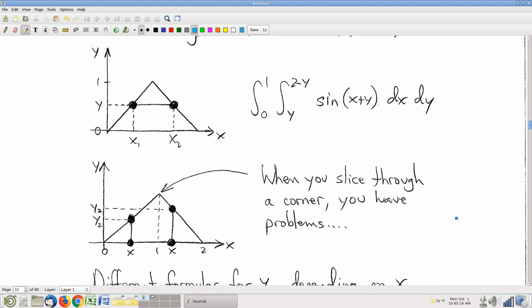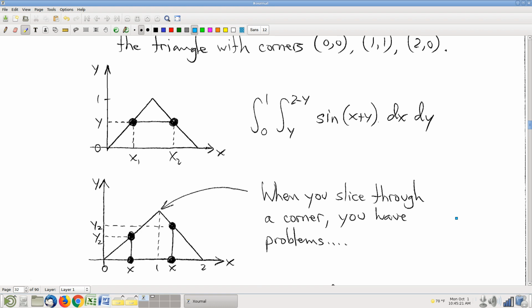Now, it starts off seemingly easy. Okay, I'm doing my x slices first. x goes from 0 to 2. And you instinctively write down the integral from 0 to 2 dx, and you leave yourself some space in the middle, and you're all ready to go. And the problem is that for some values of x, the upper y bound is determined by a point on that curve.